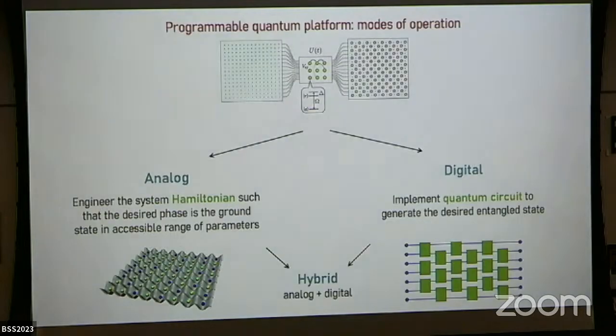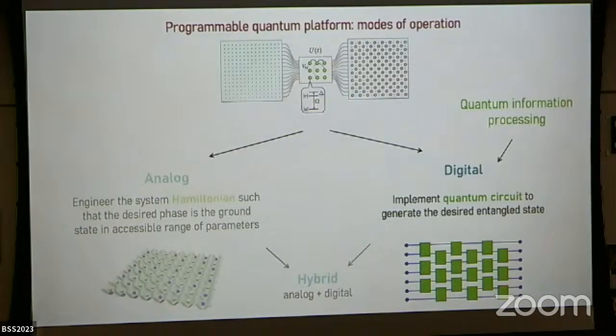Today we're going to look into the digital mode of operation, because this is the one that is more suitable for quantum information processing.